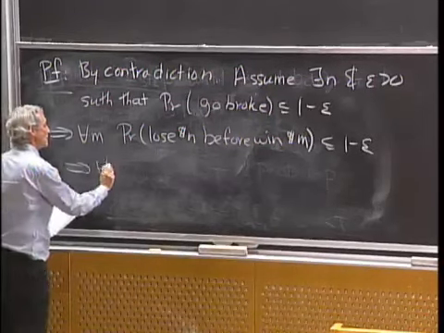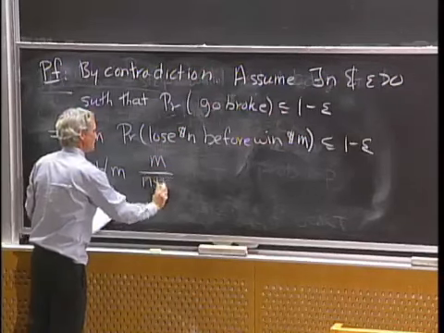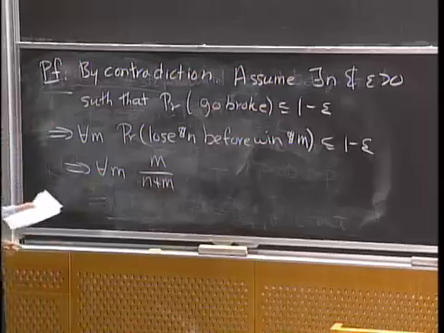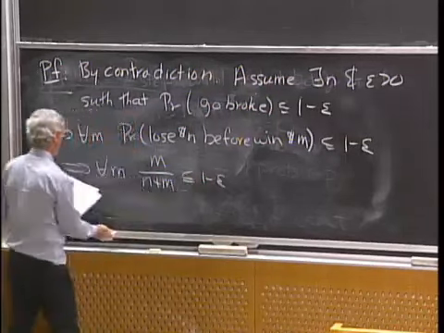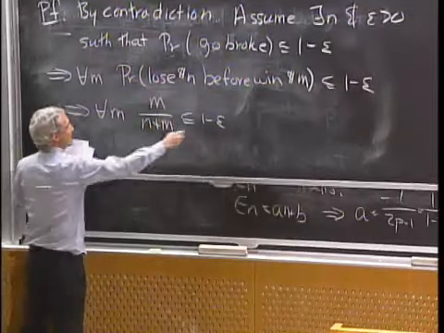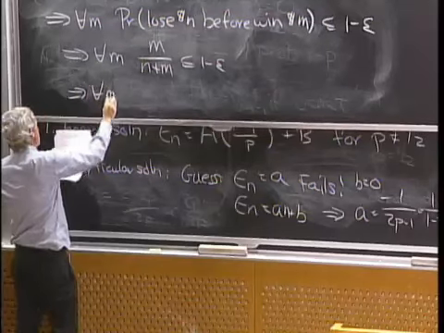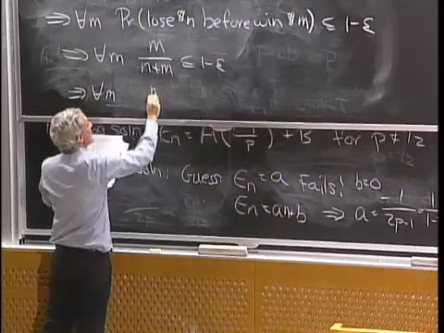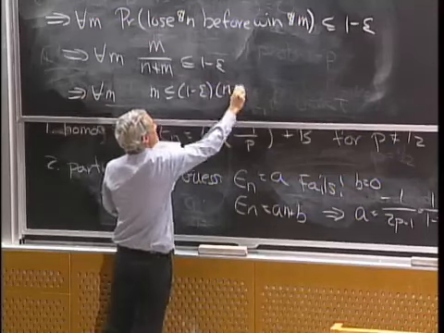And we know what that probability is. This probability is just m over n plus m. We proved that earlier. So that has to be less than 1 minus epsilon for all m. And now I just multiply through. That means that m is less than or equal to 1 minus epsilon times n plus m.